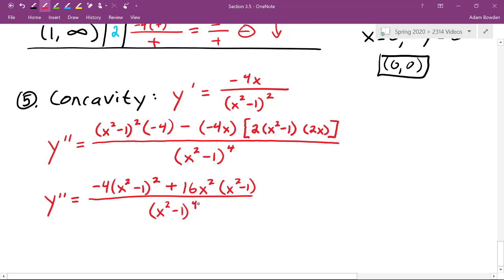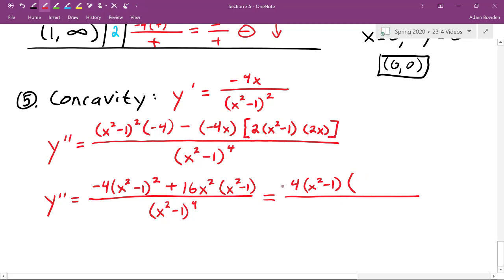Okay, looking at this, I see some GCF stuff I can deal with. Specifically, I notice that there is a 4 in common, so why don't we go ahead and pull that 4 out from both. We can also pull out an x squared minus 1. And so if I take that away, that's going to leave me with just x squared.